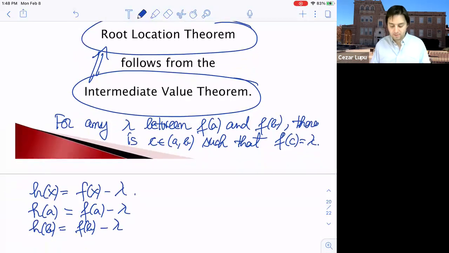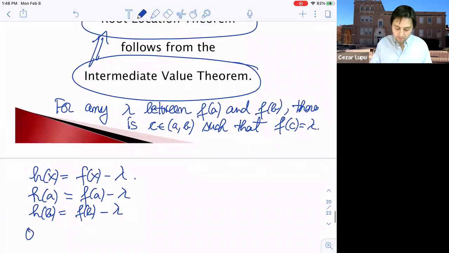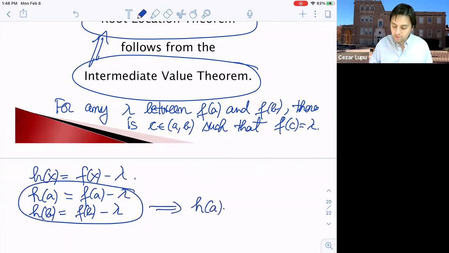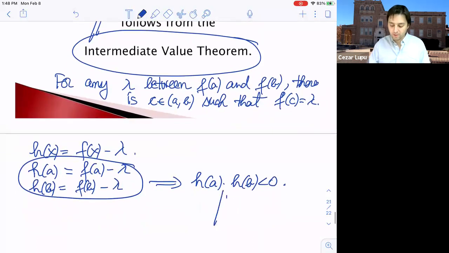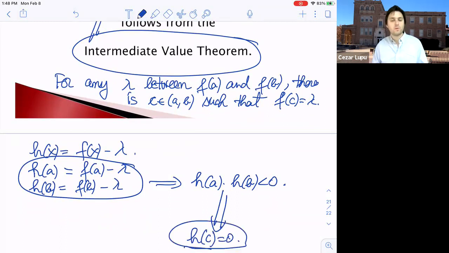One of them will be positive, the other negative, so we will have that h of a times h of b is less than 0. So it will follow that at some point h of c is 0. So that's how the two are related.